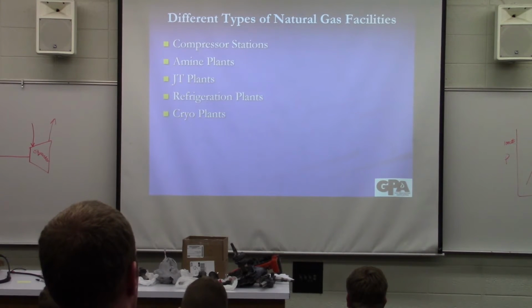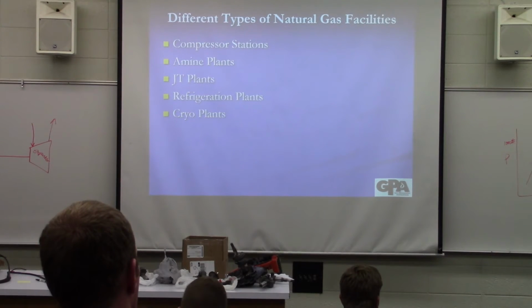So these pipelines, besides 4 parts per million H2S and 2% CO2, will have a cricondotherm spec. Most of our operators, even some of our engineers, probably don't know that term very well. They'll just say dew point spec, but technically it's a cricondotherm spec. It's not a dew point spec.